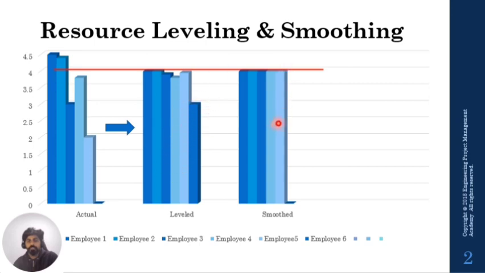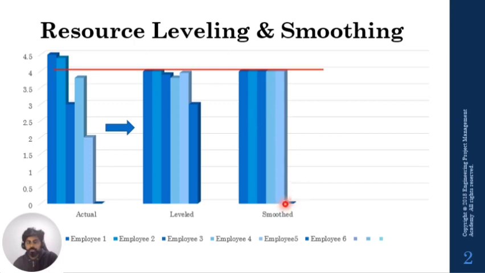In the case of smoothing, you have a duration constraint: you cannot cross this deadline. Therefore you balance the load between employees in such a way that you finish the project within a certain timeline. The project end date in the case of leveling may change, and in the case of smoothing it will not change. The overall project could be delayed with leveling, and with smoothing it won't be delayed.